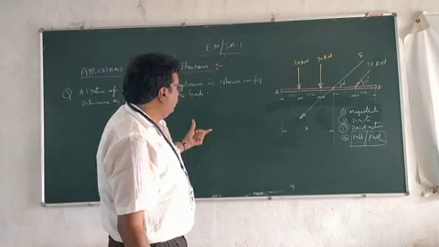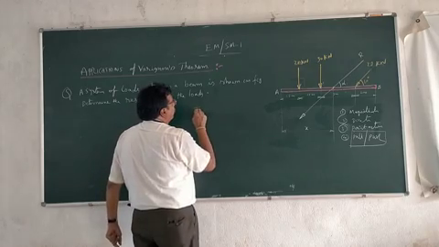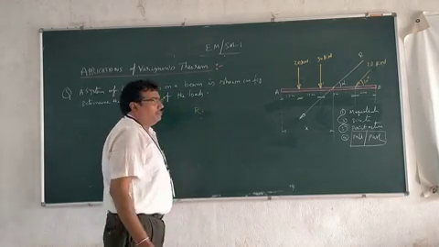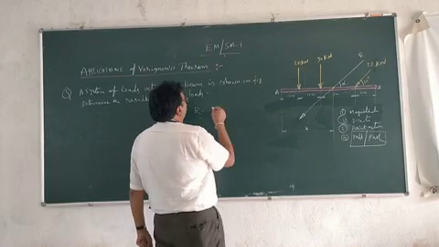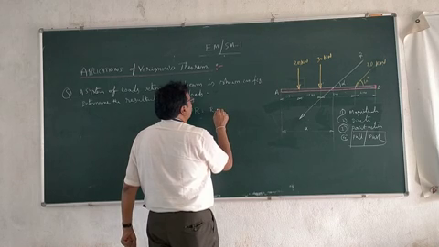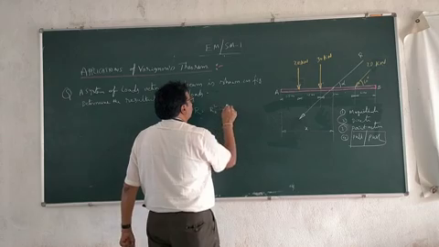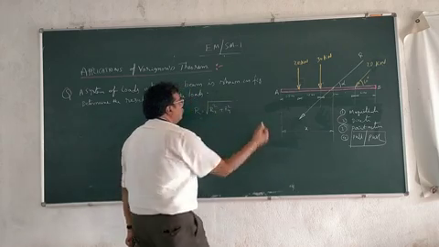First, you already know how to get the magnitude of the resultant. R is equal to the square root of Rx square plus Ry square. How to get this?